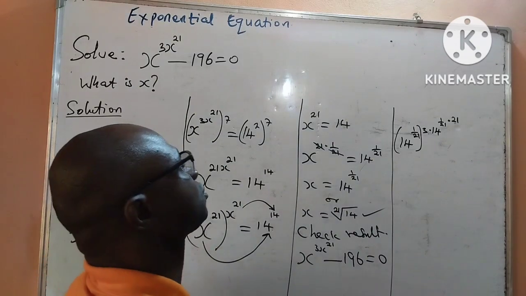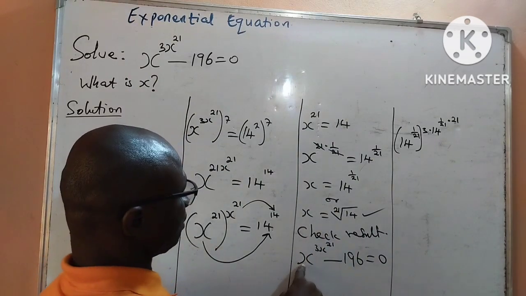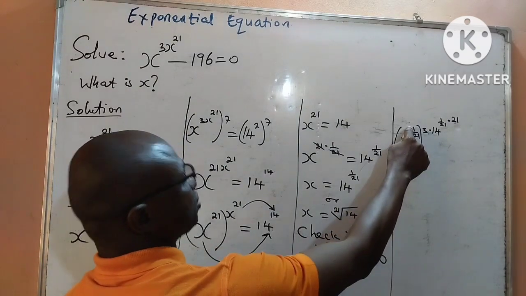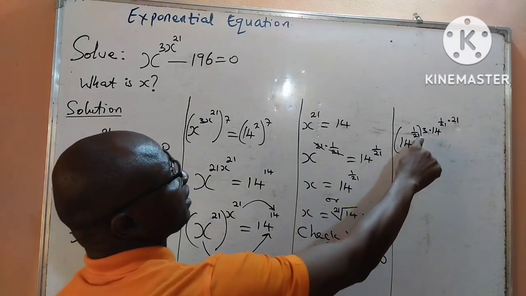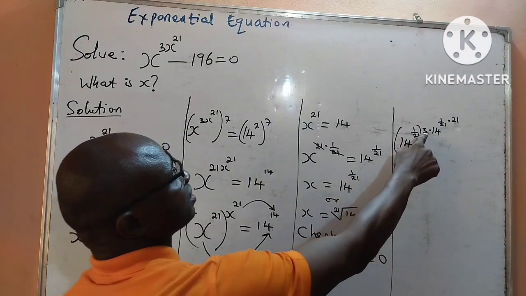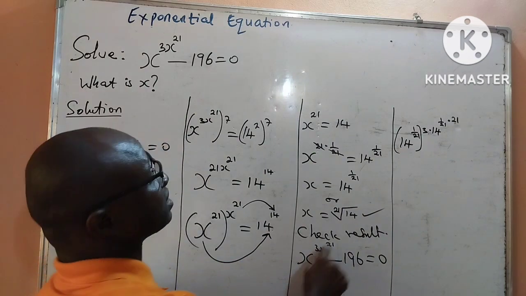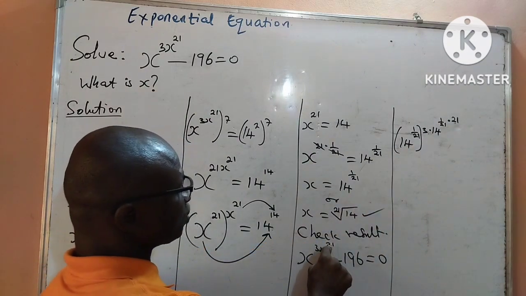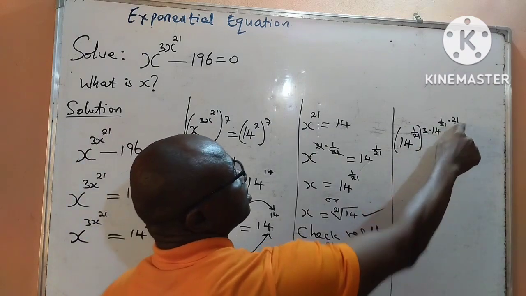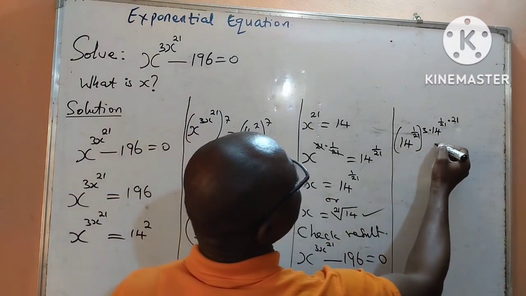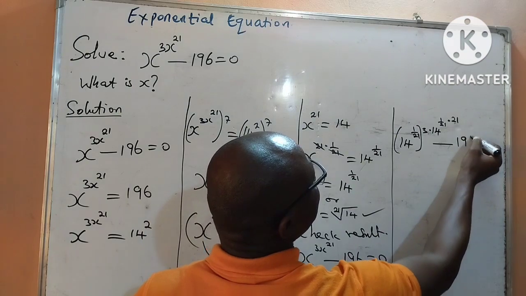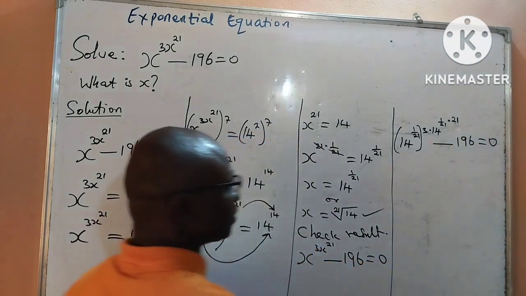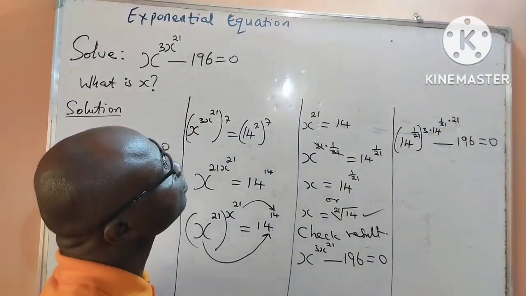Here, the value of x is 14 to the power 1 over 21, this is my 3 here, and this x again is still the same 14 to the power 1 over 21, and this 21 is also this. Then minus 196. We want to see if it will give us equal to 0.